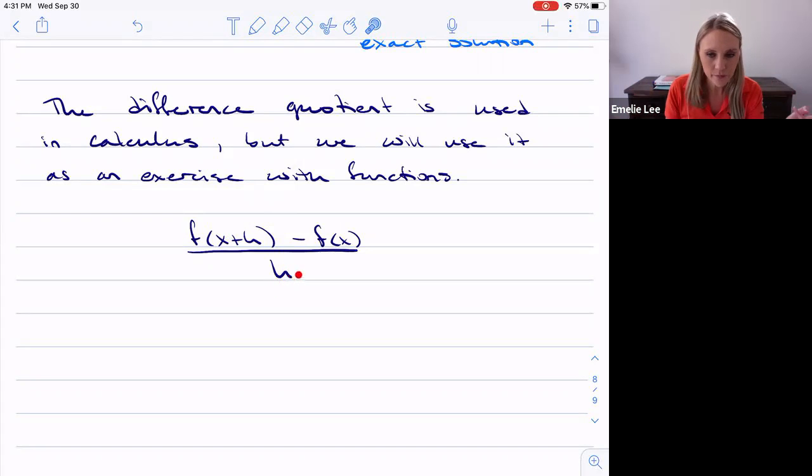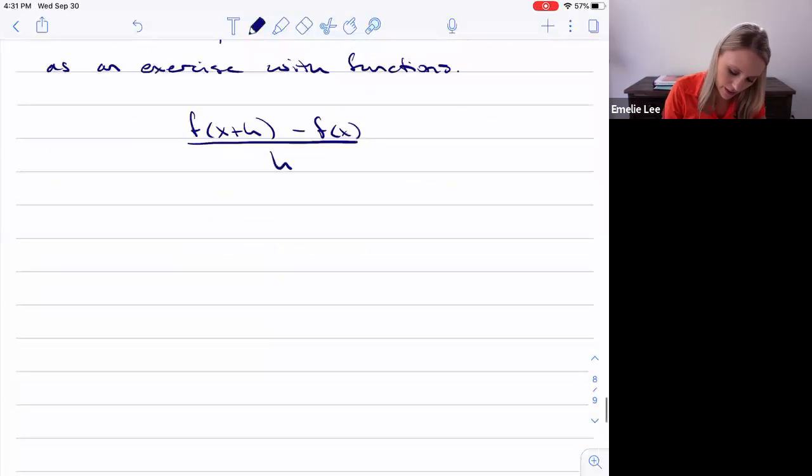So we'll try it with a function, and you'll see what I mean, because it throws people off that you'd have to evaluate the function at x plus h, and then subtract the function evaluated just at x, right? And then divide it all by h. So it might be easiest to just figure out what f of x is on its own, figure out what f of x plus h is on its own, and then build it up after that.